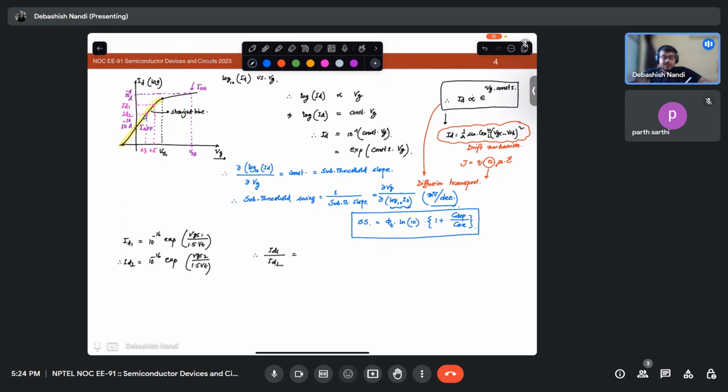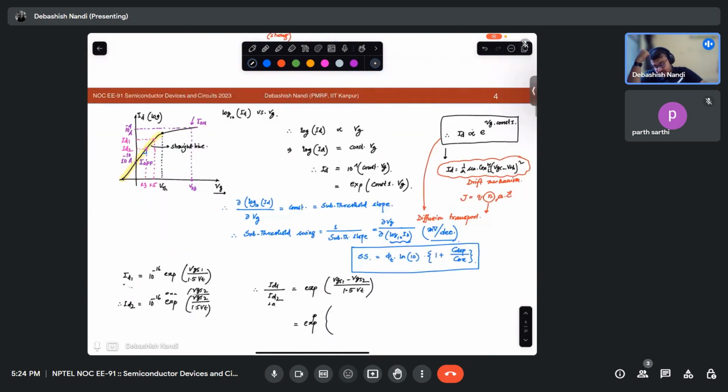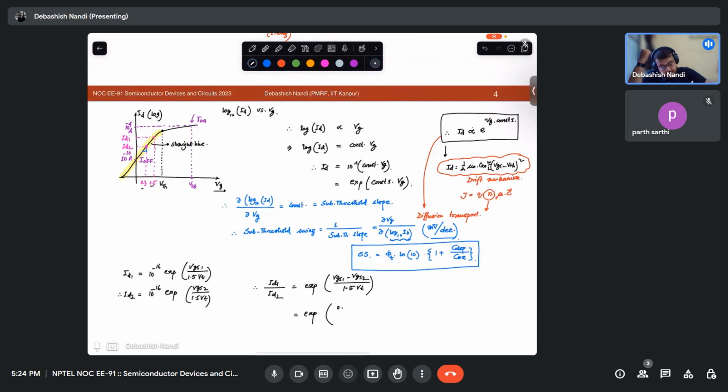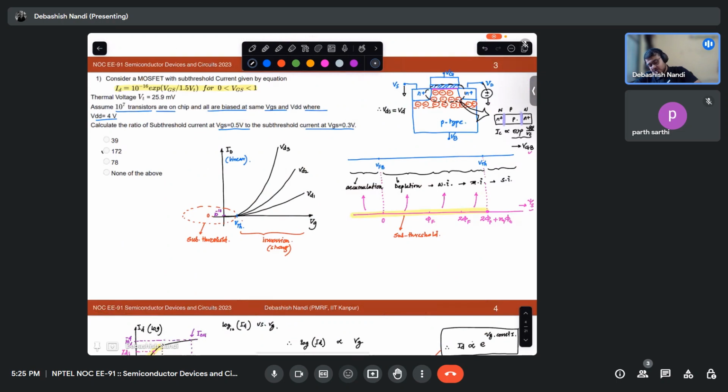The 10 raised to minus 16 will get cancelled, so we will have exponential of VGS1 minus VGS2 over 1.5 VT. VGS1 is 0.5, so 0.5 minus 0.3 over 1.5 times 0.0259. This will give you around 172.06. So this would be your correct answer.